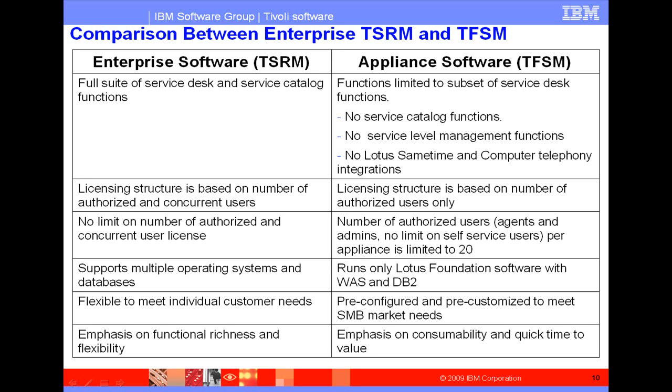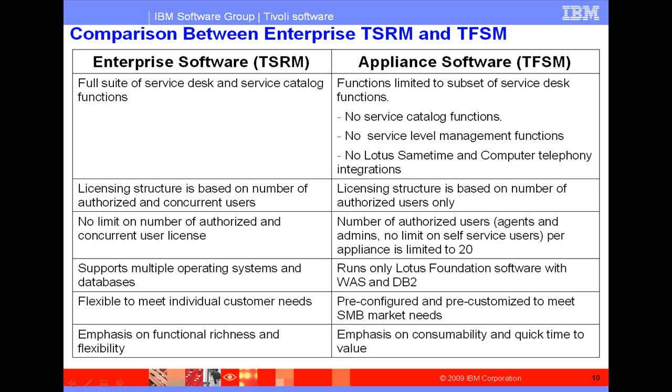Whenever I talk about the appliances, whether it's FSM or FAM, at the end of it I always get somebody saying, well, what's the difference between the enterprise one? So I've included these two charts here to answer that question.